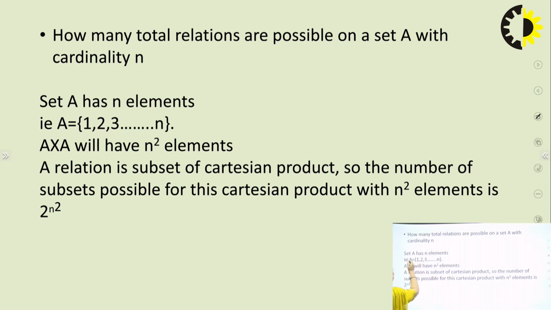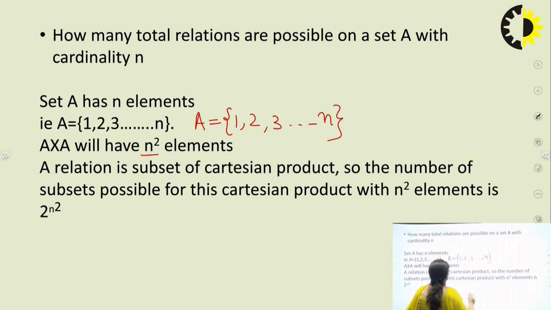Set A has n elements, that is I can write set A as 1, 2, 3 up to n because it is containing n elements. Now if I talk about its Cartesian product, that is A cross A, because here we are talking about a relation from set A to itself. So it will contain n square elements because I have A with n elements.